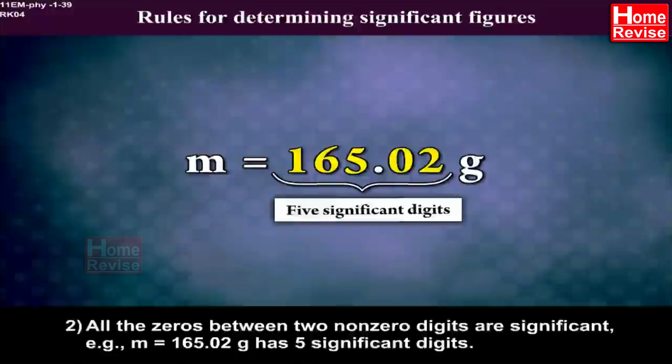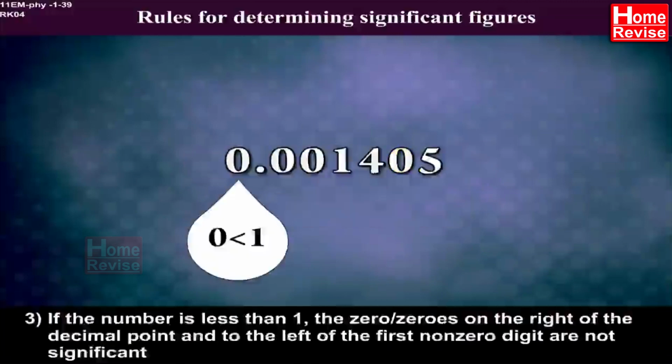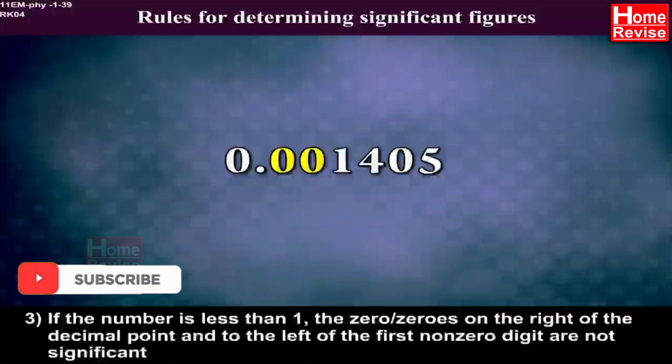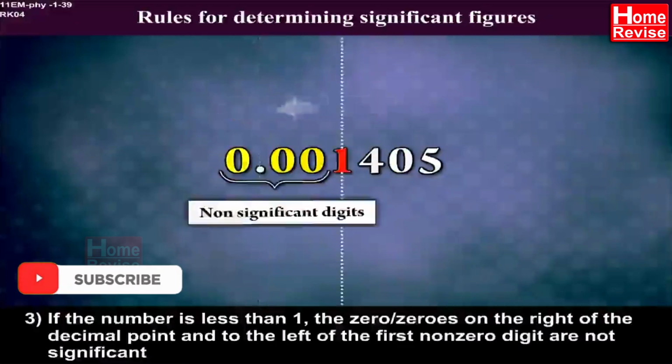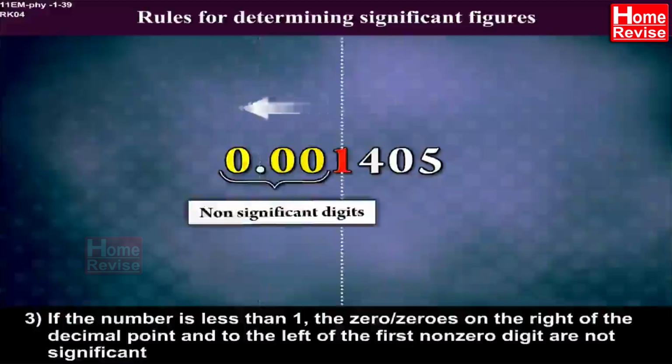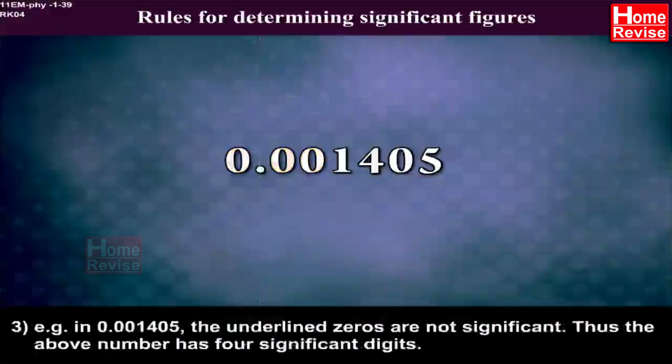3. If the number is less than 1, the 0 or zeros on the right of the decimal point and to the left of the first non-zero digit are not significant. Example, in 0.001405, the underlined zeros are not significant.